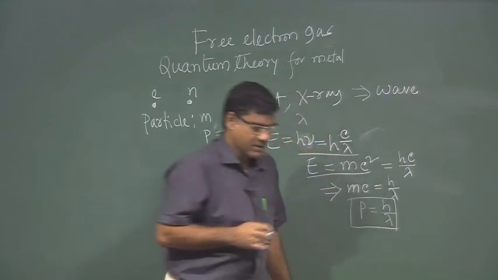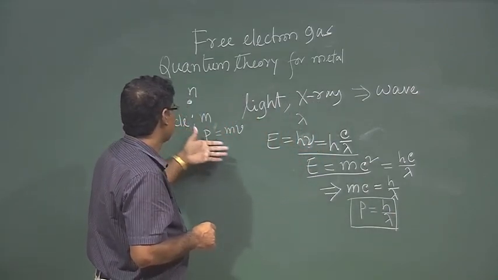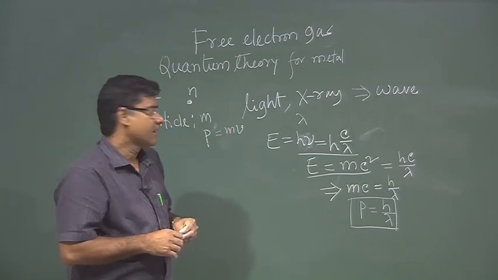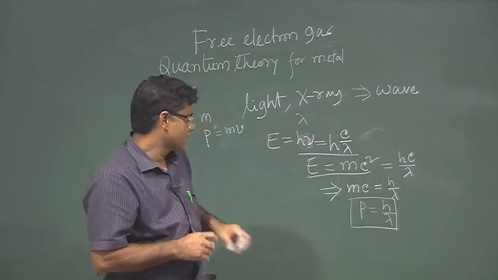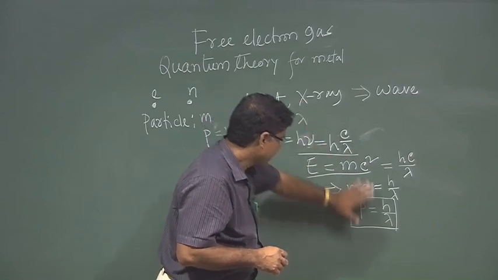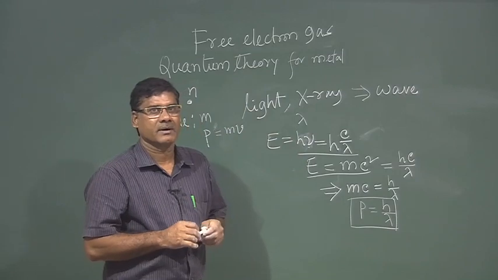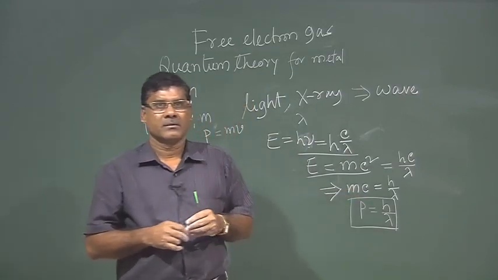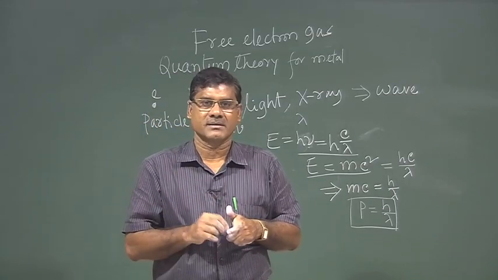As I told, momentum is basically the parameter for a particle, and wavelength is a parameter for a wave. But in the case of light, here we are saying they have the relation P equal to h by lambda. From here we can tell that a wave has dual nature.